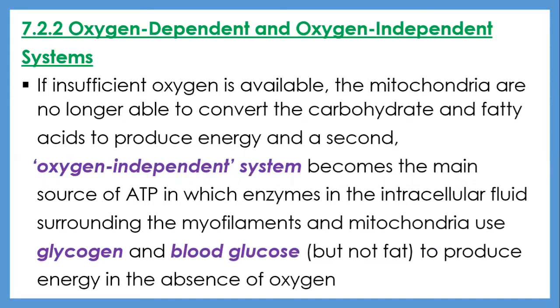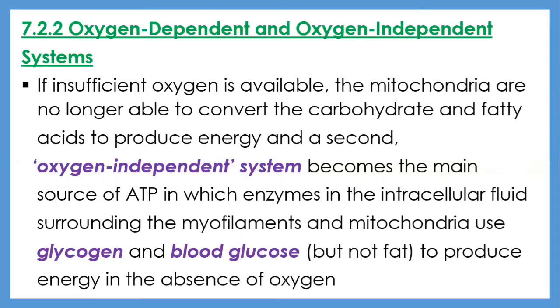Now, if insufficient oxygen is available, the mitochondria are no longer able to convert the carbohydrate and fatty acids to produce energy. A second, oxygen independent system becomes the main source of ATP, in which enzymes in the intracellular fluids surrounding the myofilaments and mitochondria use glycogen and blood glucose, but not fat, to produce energy in the absence of oxygen.